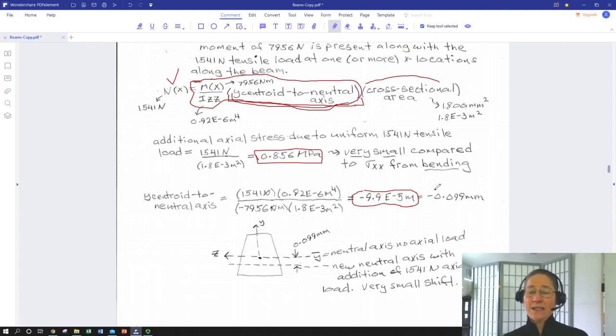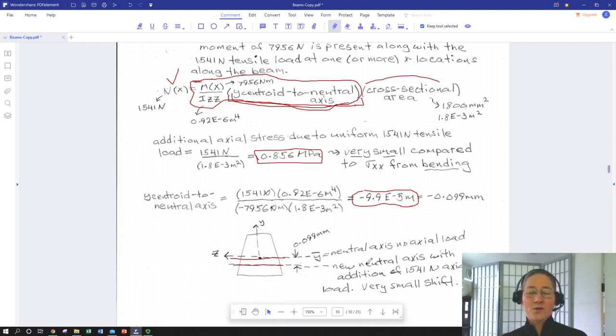So a little less than 0.1 millimeters, and it's negative, so that means the distance from the centroid to the neutral axis is negative. So effectively, that distance means we basically dropped the neutral axis down. The centroid's not going to change. It is what it is. It's based on geometry. But now, rather than going through the centroid, the neutral axis is a bit lower.